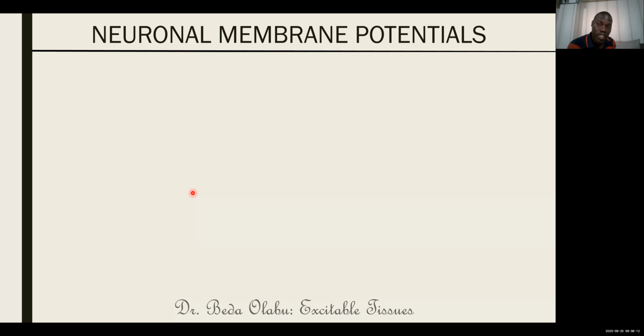We come back at 9:20. From there, we are going to talk about the membrane potentials in neurons. It will require that you're a bit fresh, so I'm giving you a small break. Let me unmute you so that if you have a question, you're also free to ask.